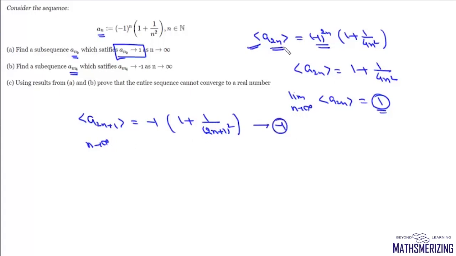So sequence of even terms converges to 1, and sequence of odd terms converges to minus 1. Now since two subsequences of a given sequence converge to two different limits, that means this entire sequence cannot converge to a real number. That is, the sequence an is not a convergent sequence.